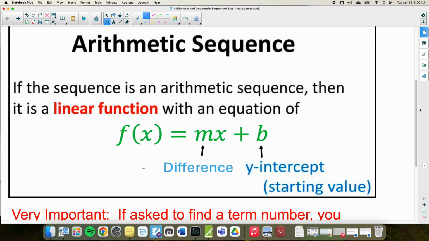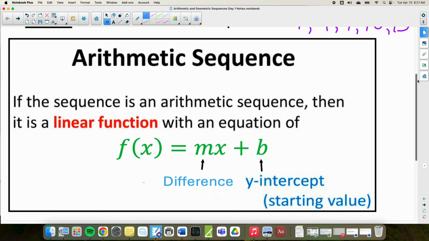Now, how you can come up with an arithmetic sequence is this formula. Doesn't this look familiar? This is the slope-intercept formula, okay? This is f of x, and f of x is just like y, so don't let that confuse you. In this formula, your slope is the difference between the two numbers.